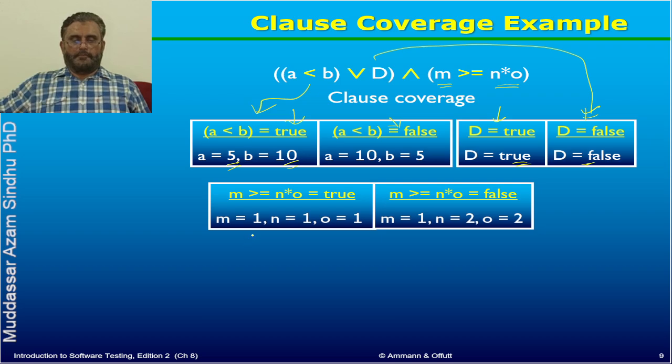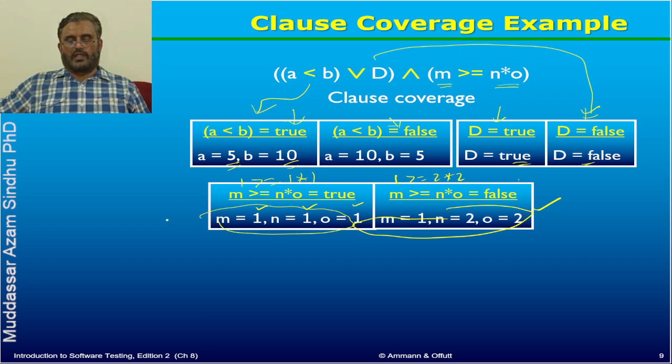So if we choose these values m equal to 1, n equal to 1 and o equal to 1, so 1 is greater or equal to 1 times 1, that is definitely true because 1 is equal to 1. And if we choose these values, which are in the right box in the middle, 1 is greater or equal to 2 times o, that is definitely not true because 1 is less than 4. So these set of values will achieve the class coverage for the last class in the predicate.